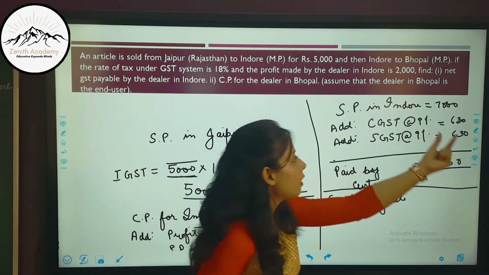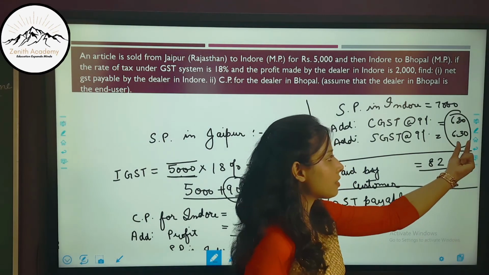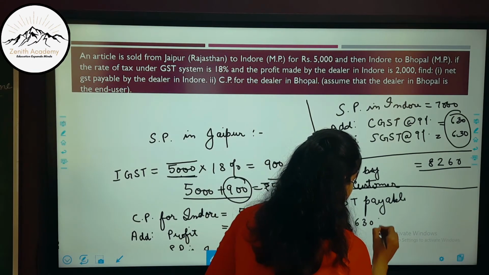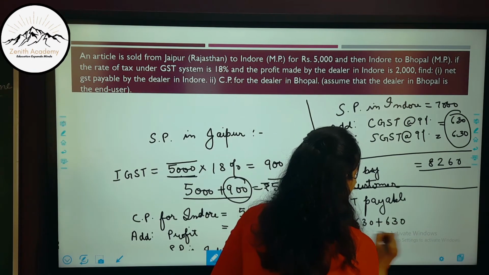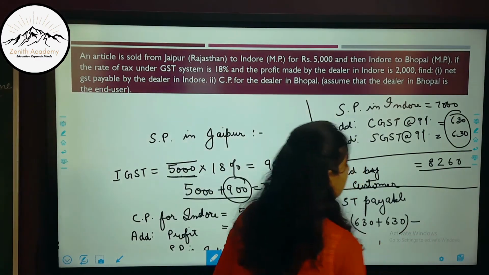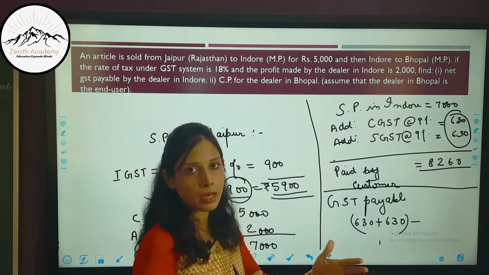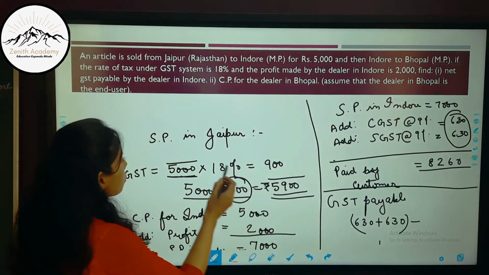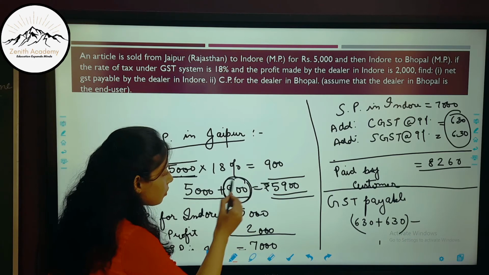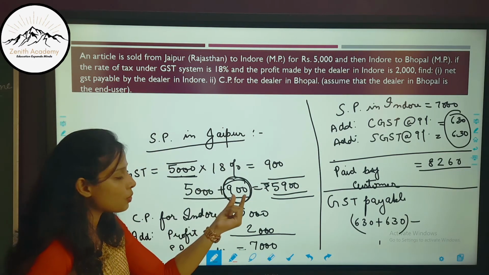On the sale, it collected GST, the total of this 630 plus 630. This is collected on sale. Minus, we'll take the input tax credit, which is the tax we paid on the input, that is the purchase. So when it was purchasing from Jaipur, what was the amount of tax it had to pay? IGST at the rate 18%, which was equal to 900.